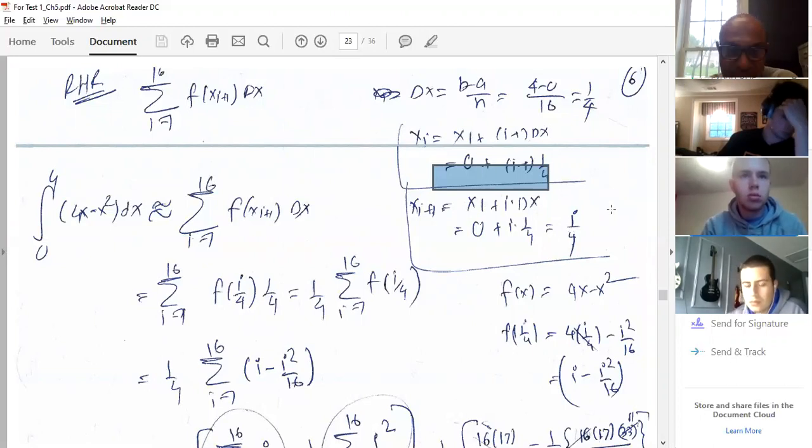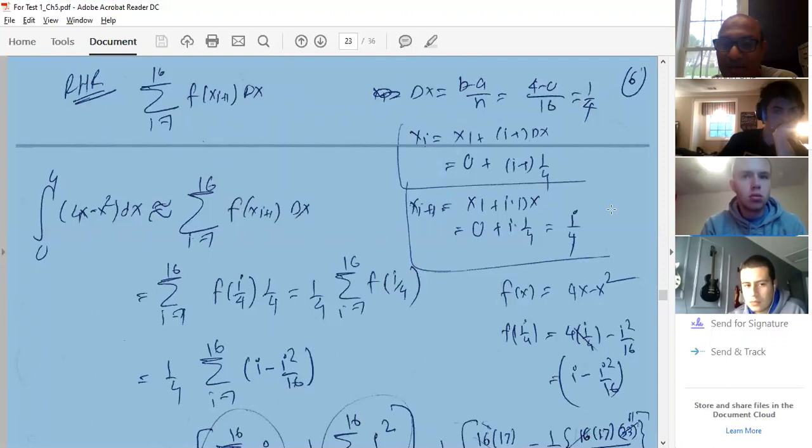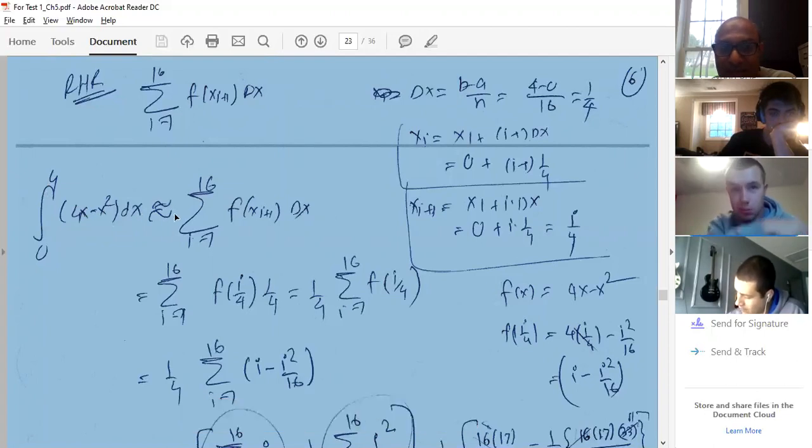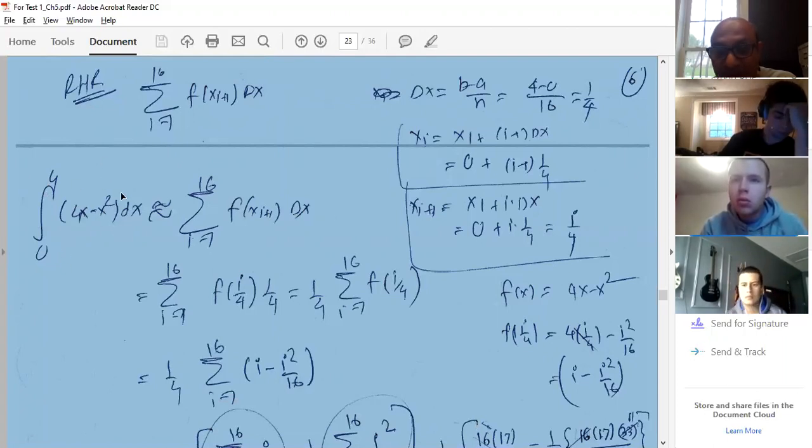Okay, now let's proceed further. Look here, guys. My f of x_{i+1}, where x is replaced by x_{i+1}, means i/4. So f of i/4 is this one. I fixed it in this formula, the integration of 4x minus x squared dx. That is approximately given by the summation of f of x_{i+1} times delta x. Previously integration was not defined, and Riemann claimed that the summation, whatever area you get using the summation formula, should be very near to your exact area.